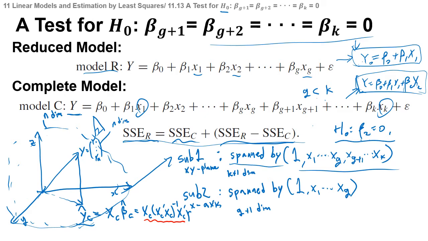xc, and let's say if you project your vector y to the x-axis, which is y hat r, the reduced space, then y hat r is xr beta hat r, which is xr (xr transpose xr) inverse xr transpose y.